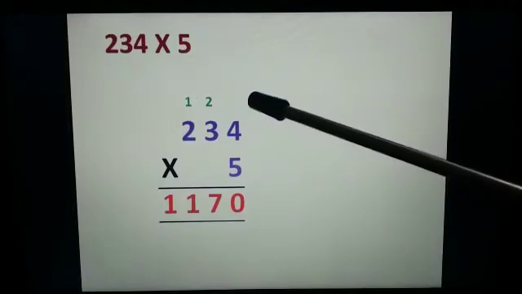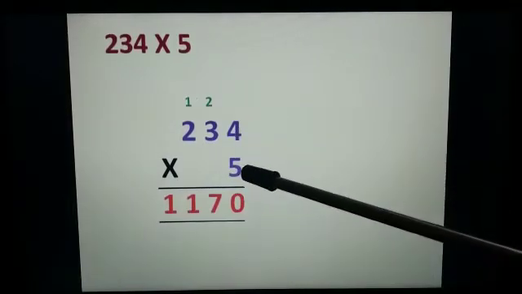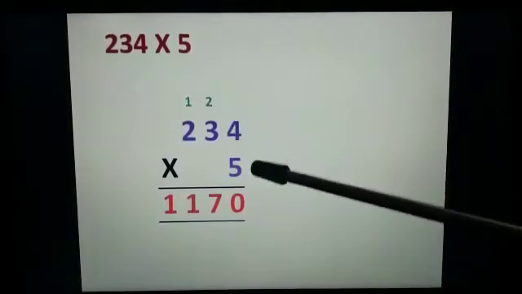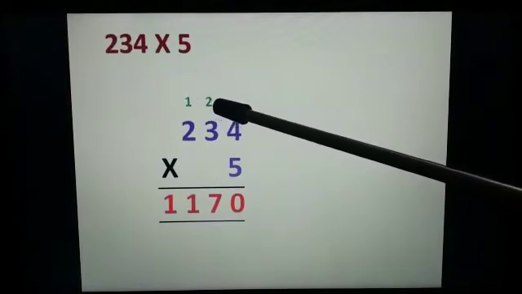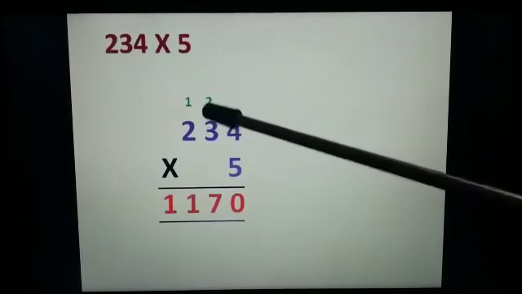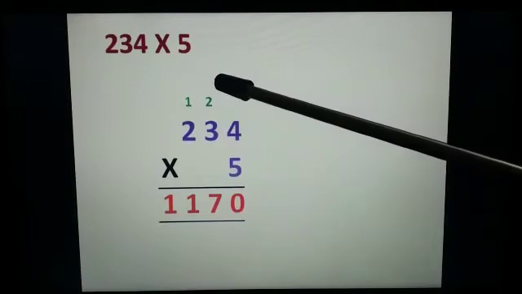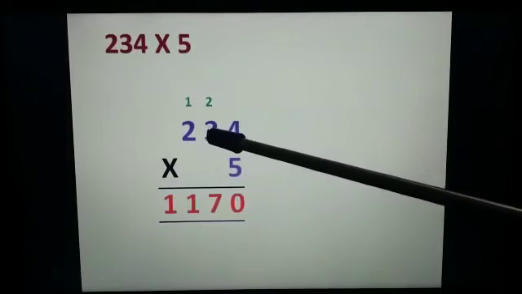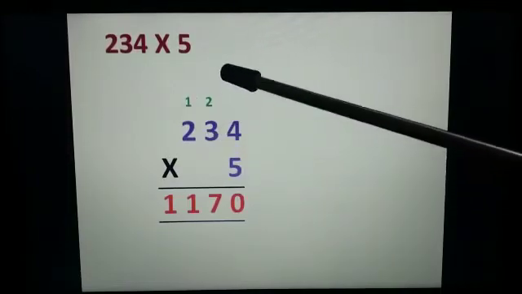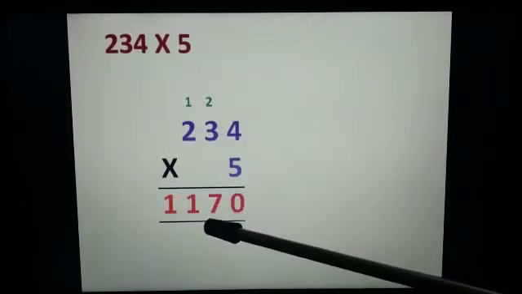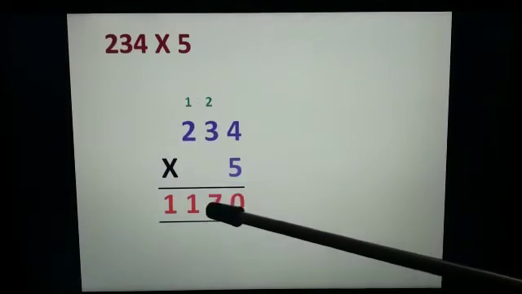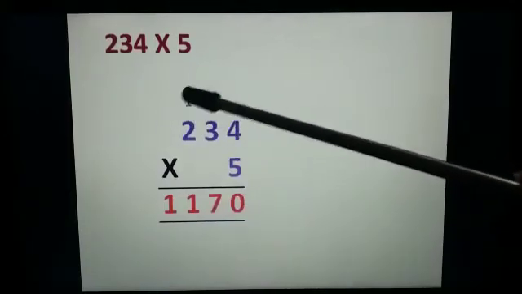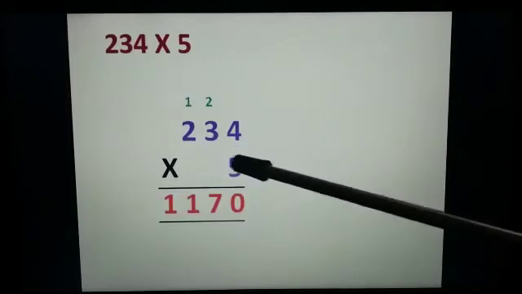Now what do I do? I multiply 5 by 3. 5 threes are 15. But I also have 2 tens here. So I will add this with 5 threes are 15. 15 plus 2 is equal to 17. So I will write 7 here and 1 will be carried over to the hundreds place.